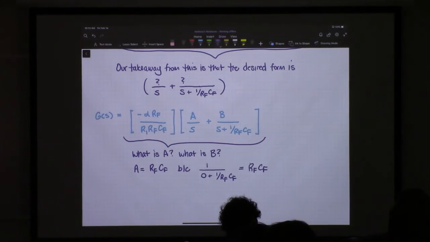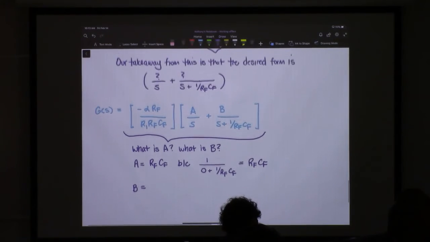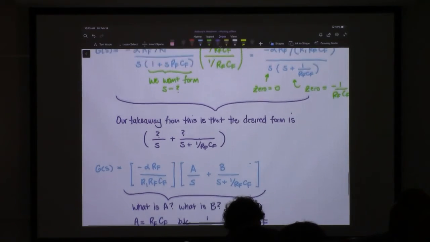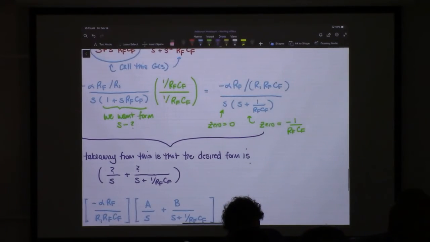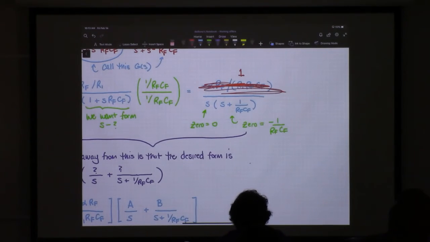Okay. So now we get our B. So for our B, we go back up here. And remember, just for a second, we'll put a 1 up there because we removed all that stuff out anyway.